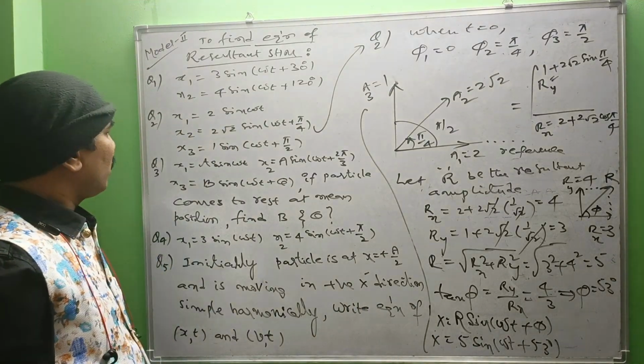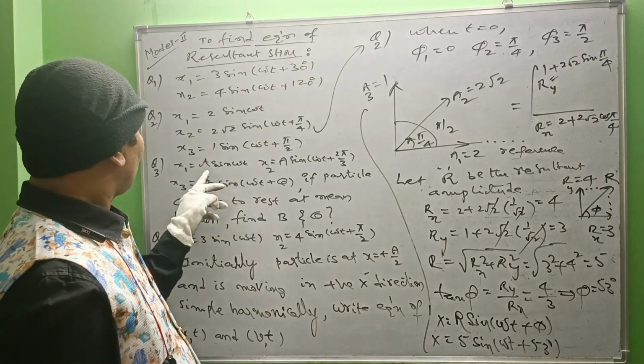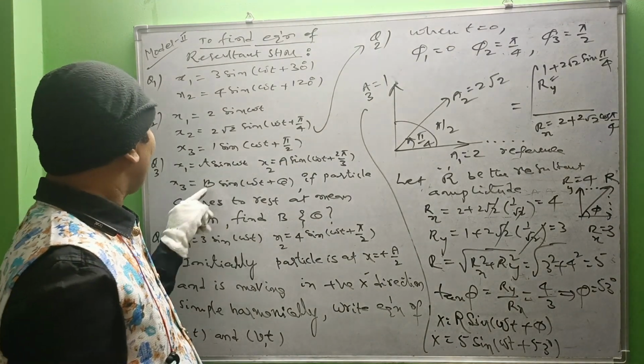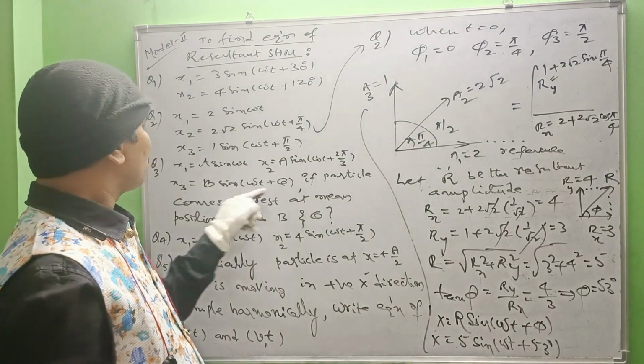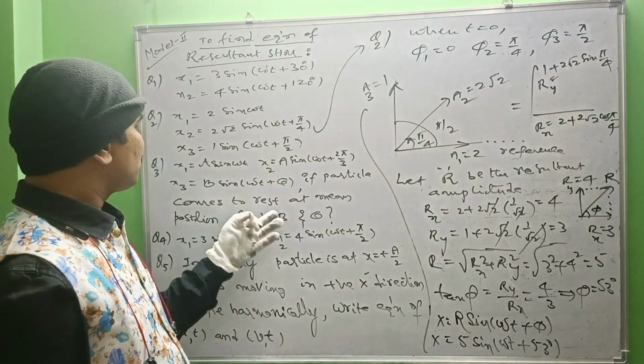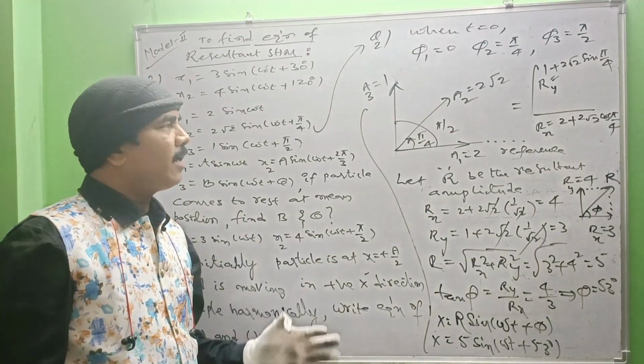Now coming to the third one, we have three expressions: x1, x2, x3. x1 equals so and so, x2 equals so and so, and x3 equals so and so. If the particle comes to rest at the mean position, find B and theta.